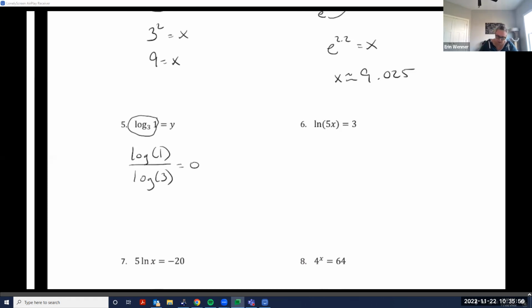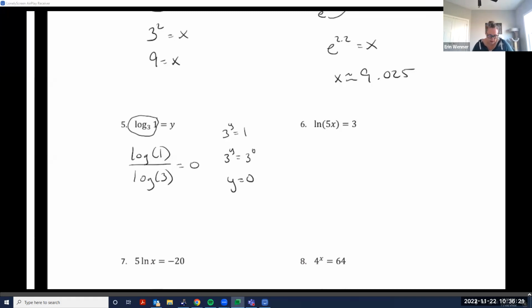Well, what this equation is saying is 3 to the y equals 1. It's 3 to the what power equals 1. The only way that I can get 3 to turn into 1 is by raising it to the 0 power. And therefore, the only way this statement is true using equality is to say that y equals 0.